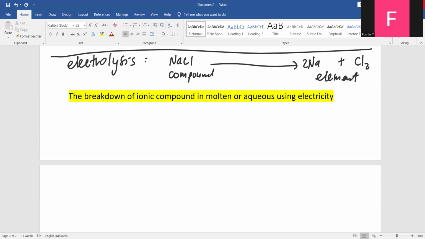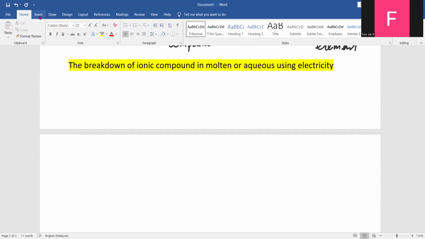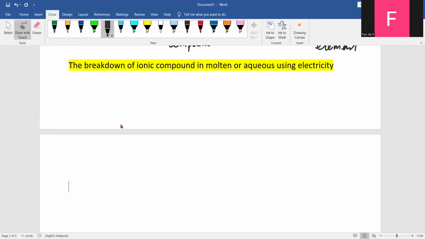This one you need to draw a bit. So please remember the definition.